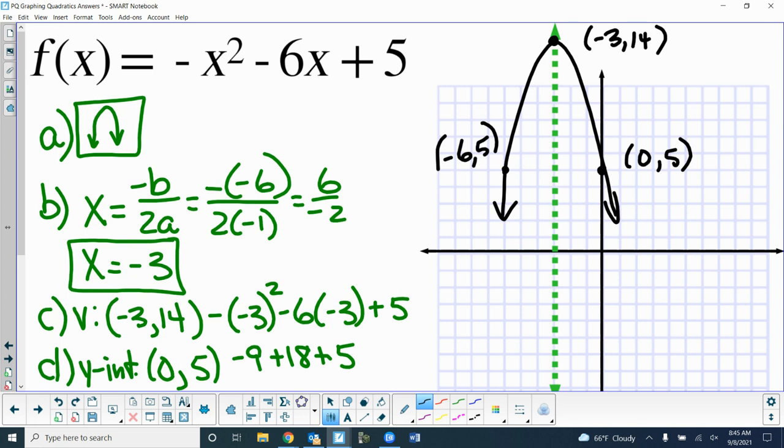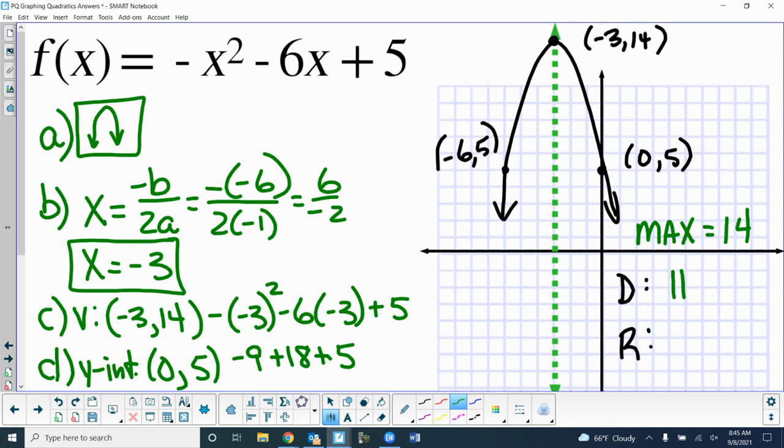All right. Is it a min or a max? It's a max again. What's the maximum value? 14, the y value of the vertex. Okay? Domain and range. What's the domain?